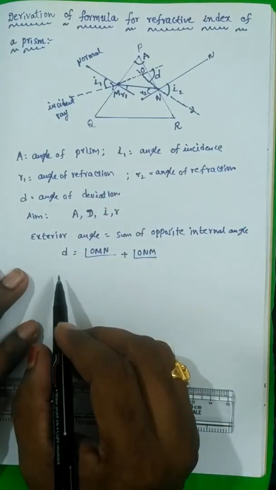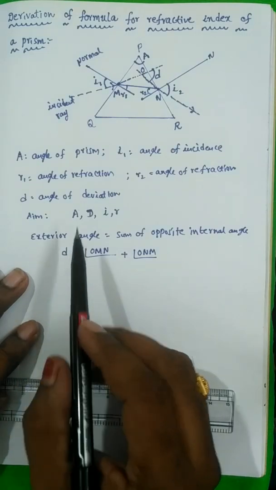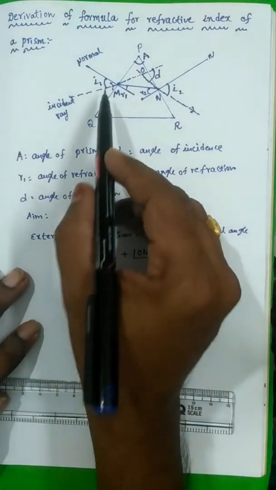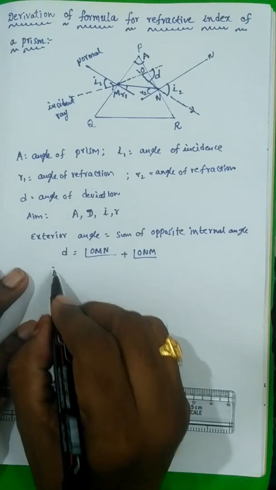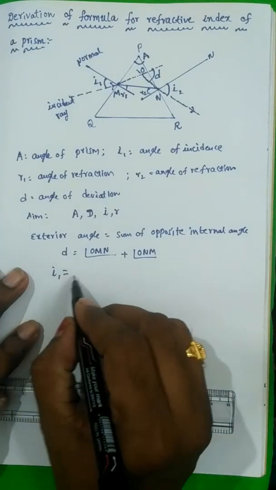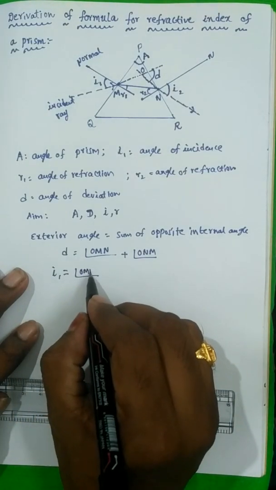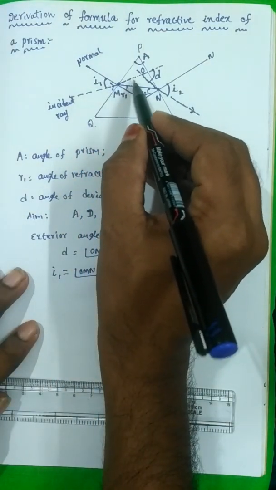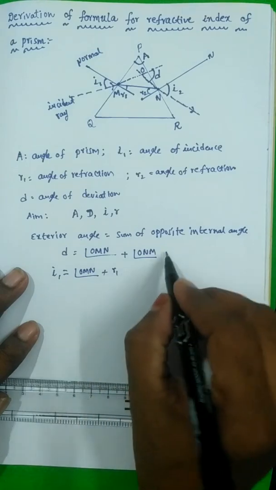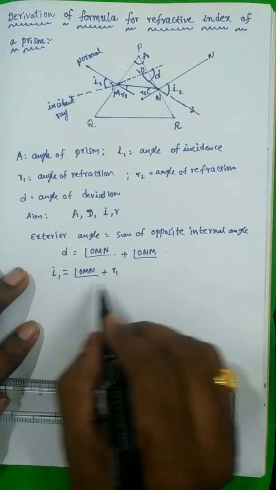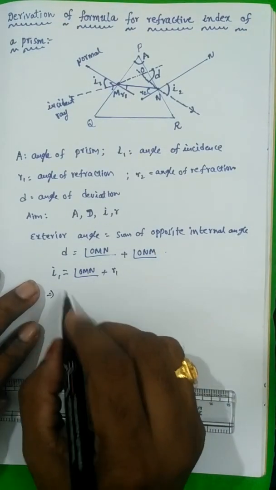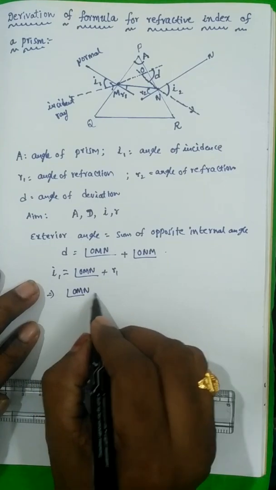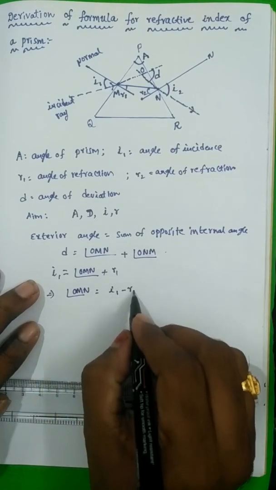What we know is that a pair of vertically opposite angles is equal. That means here I1 equals angle OMN plus the angle of refraction r1. That implies we can write angle OMN equals I1 minus r1.